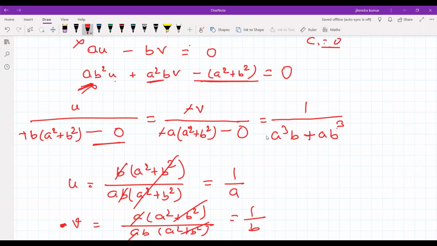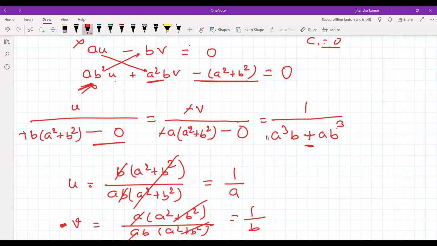Okay, and in the third term we will have 1 upon, now a will get multiplied with a square into b, that will give us a cube into b, and this will get multiplied with minus b. Okay, and we have minus into minus into minus, that will become plus here, and a b cube.